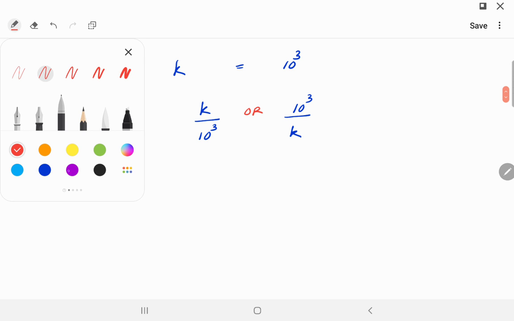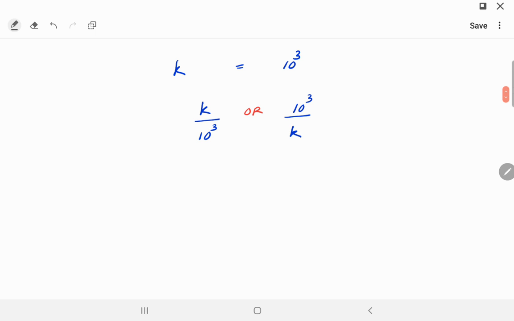So let's do the same calculation. What you have is 1.20 kilograms. You want to convert it into grams.